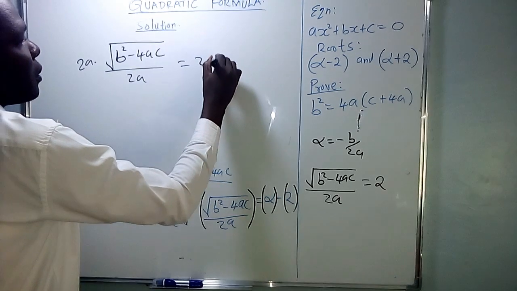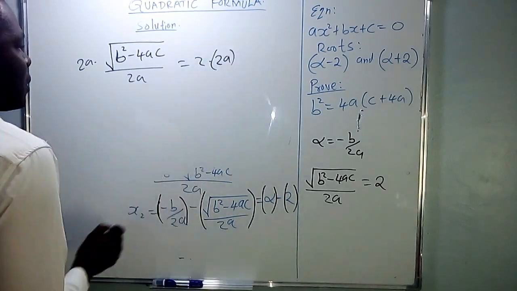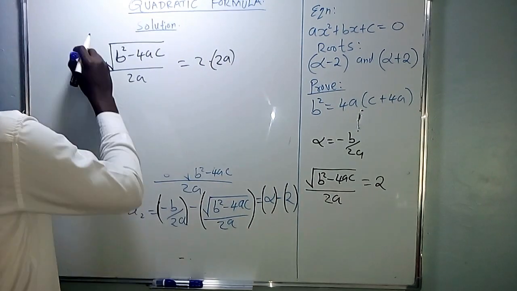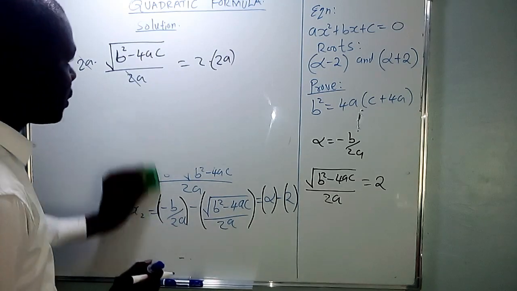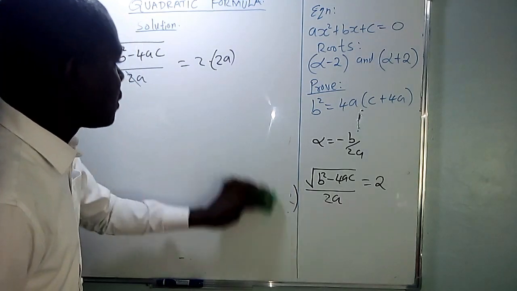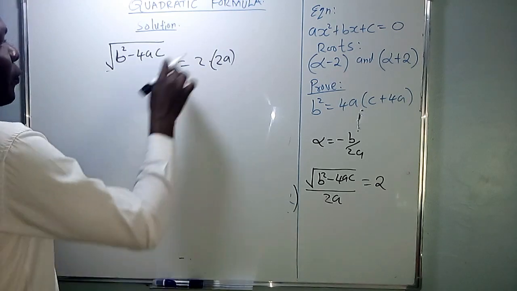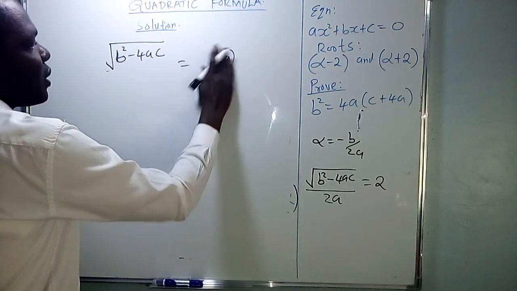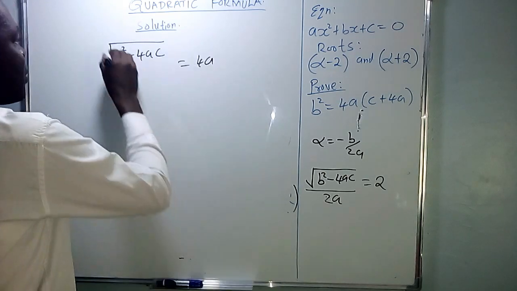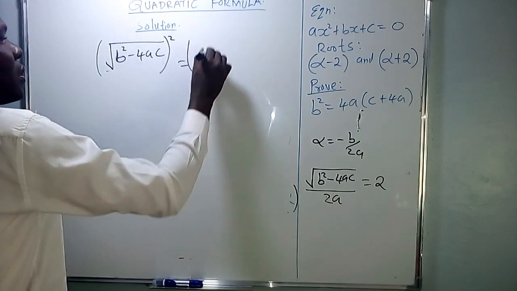Are you seeing that? So what do we have? Square root of b squared minus 4ac is equal to 4a. For us to get b squared, we must get rid of this square root, meaning we square both sides of the equation. If you square both sides, what do you get?